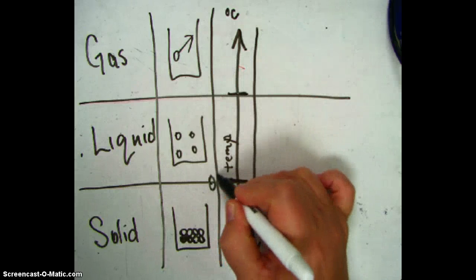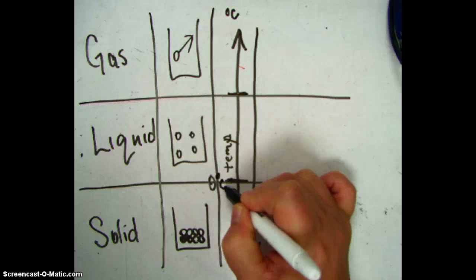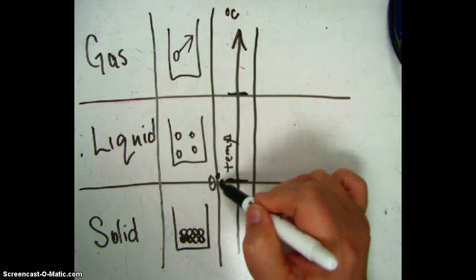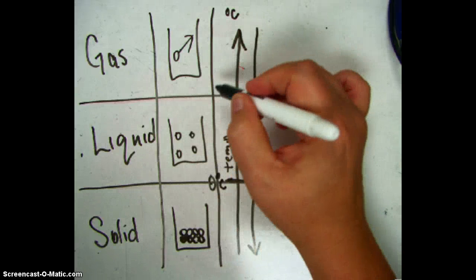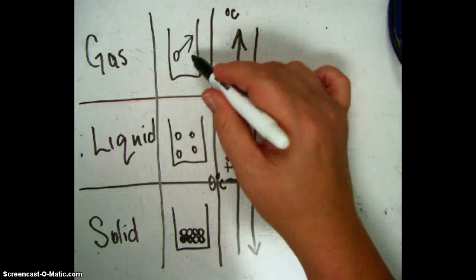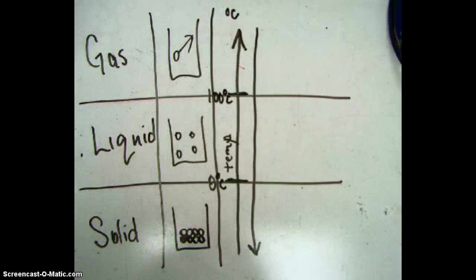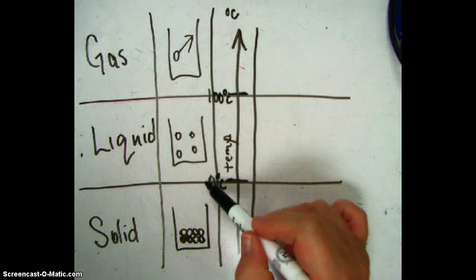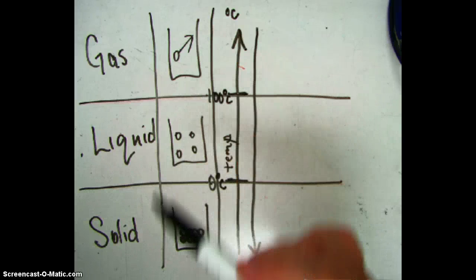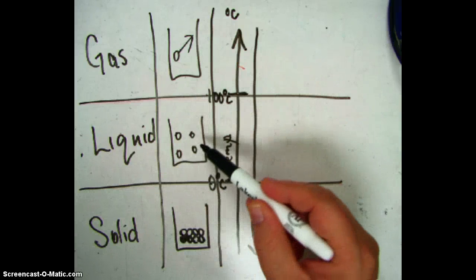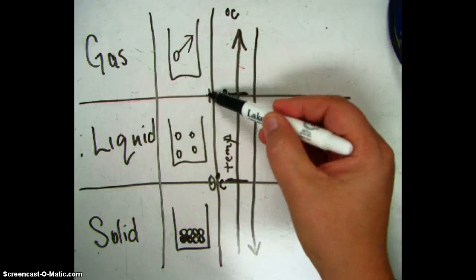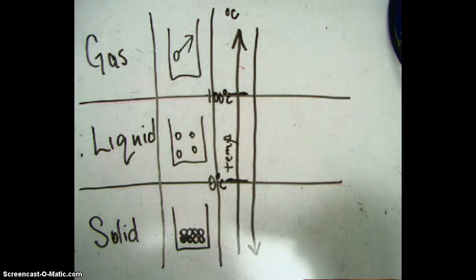The melting point is 0 degrees Celsius, and the boiling point is 100 degrees Celsius. So a solid will melt at 0, and a liquid will vaporize at 100.